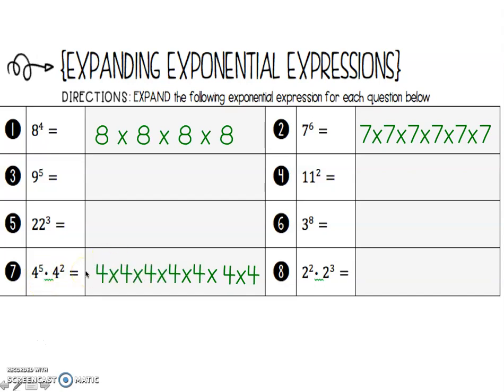So I would have 4 times 4 times 4 times 4 times 4 times 4. And then I have another times 4 times 4 for 4 squared. So really in that exponential expression, we have 4 times itself 7 times. So when you go to do number 8, yours is going to look like that.